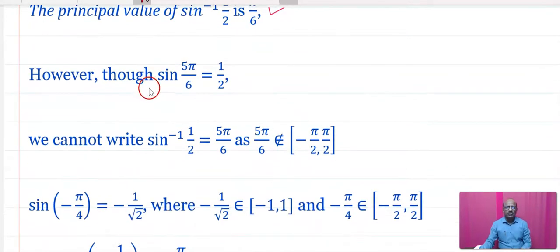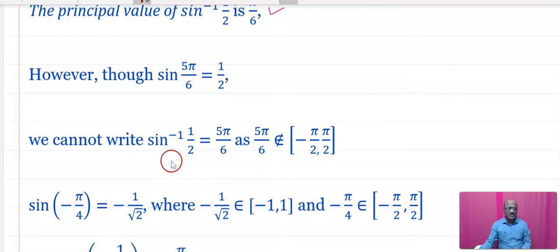However, sine of 5 pi by 6 is also 1 upon 2. We cannot write that sine inverse of 1 upon 2 is equal to 5 pi by 6, because 5 pi by 6 does not belong to minus pi by 2 to plus pi by 2. 5 pi by 6 is 150 degrees, and the range is minus 90 to plus 90, so it does not belong.